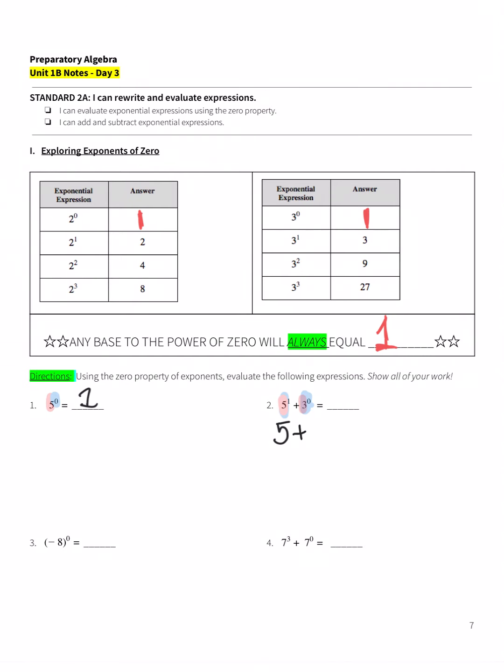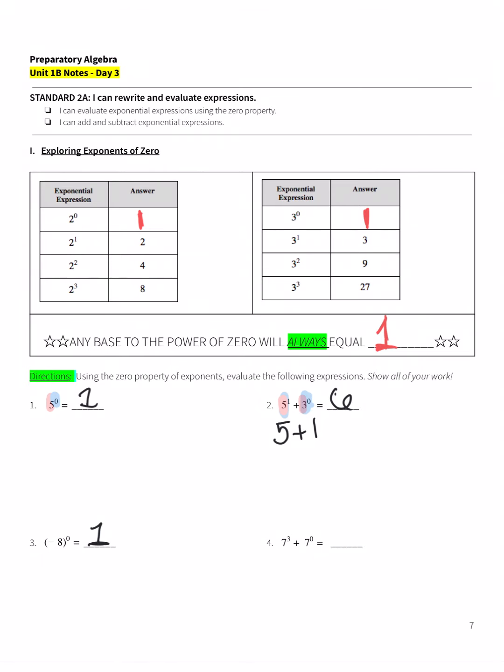So we are left with 5 plus 1, and that would be the answer that goes on this line. 5 plus 1 is equal to 6. Now we go here, and we have -8 to the 0 power. Remember, we know it's the number -8 because it's in the parentheses, but it's to the 0 power. Any number to the 0 power always has a value of 1.